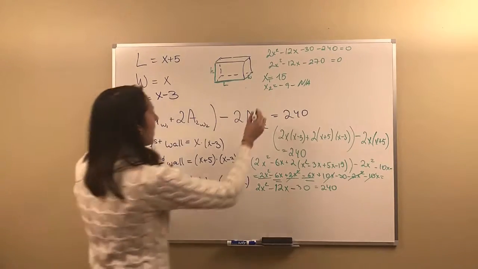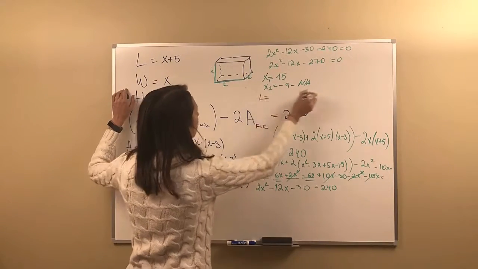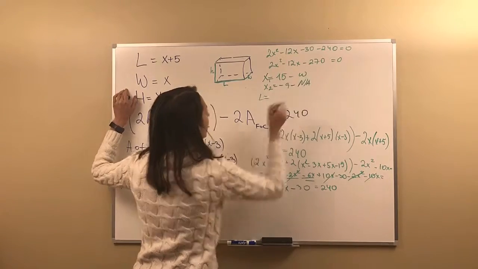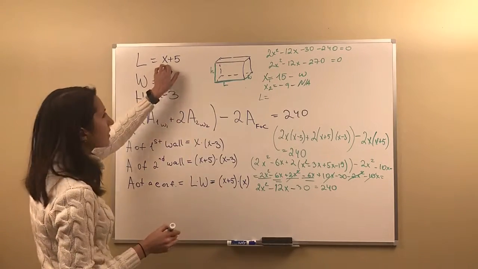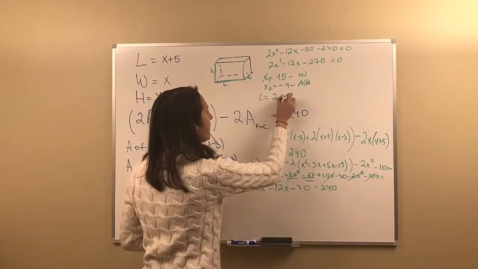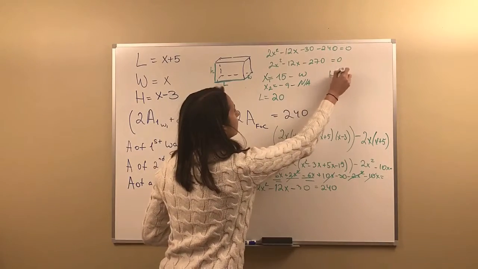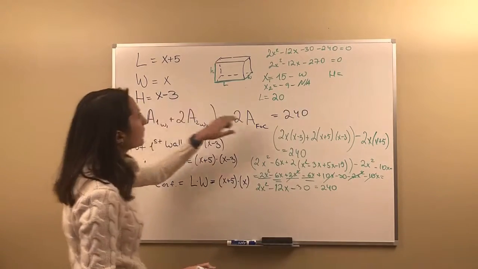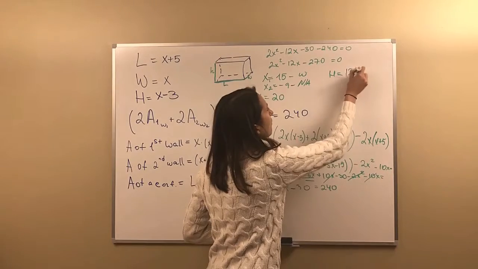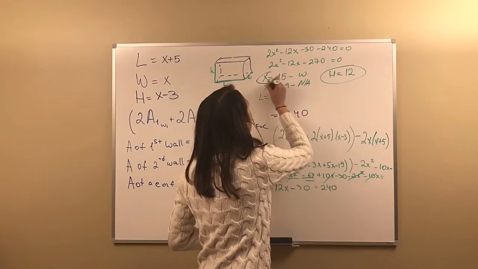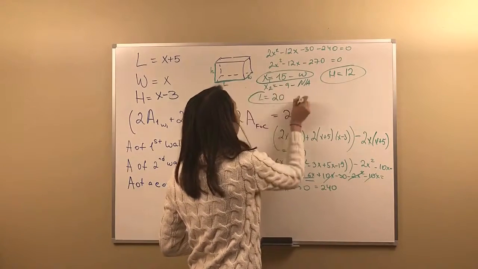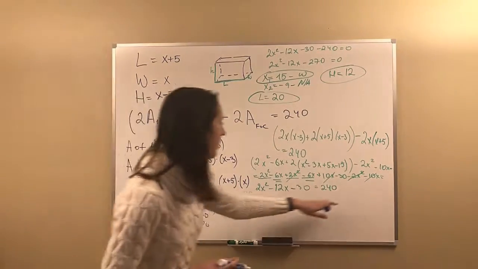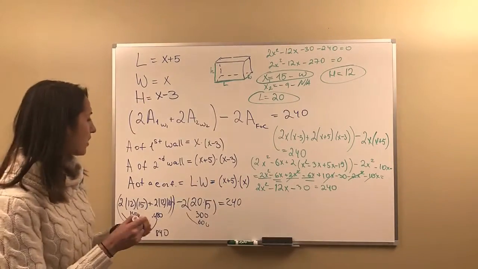So now we can find our length. Length will be x plus 5, will be 20. And the height will be x minus 3, which is 12. Height, width, and length. And it looks like we did it correctly, at least that matches.